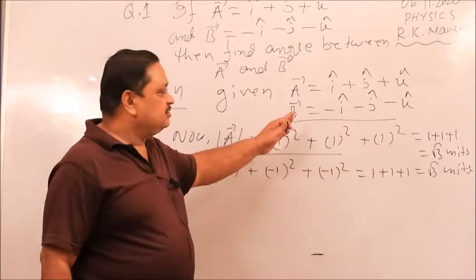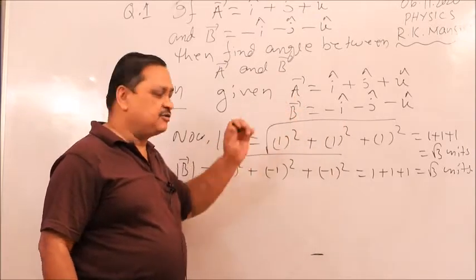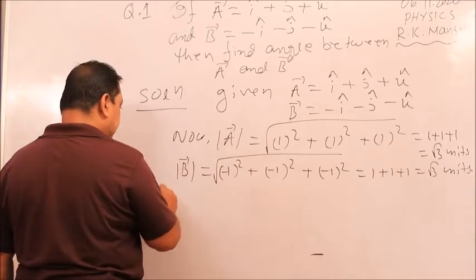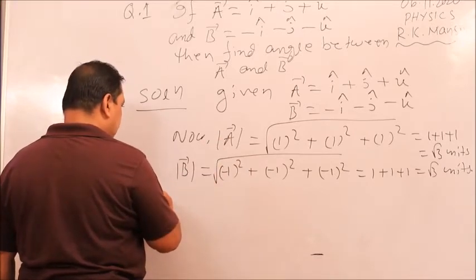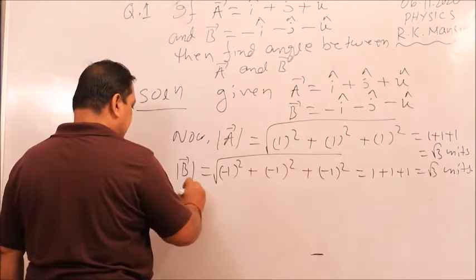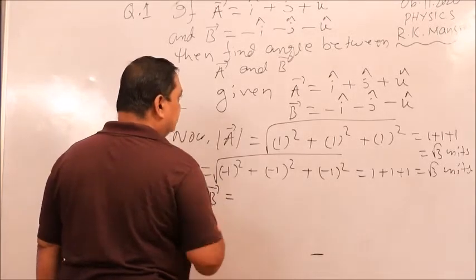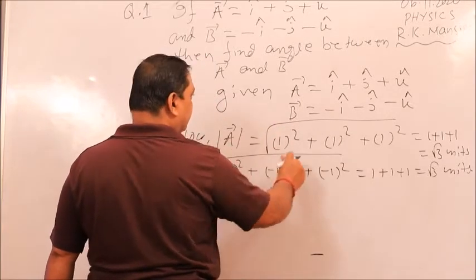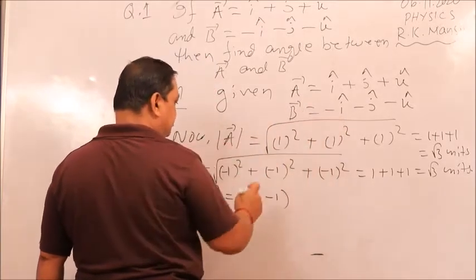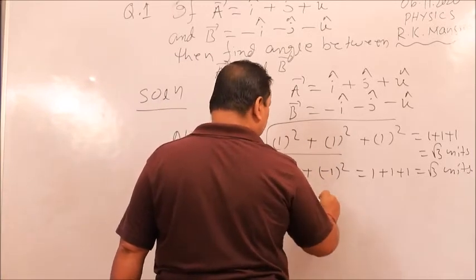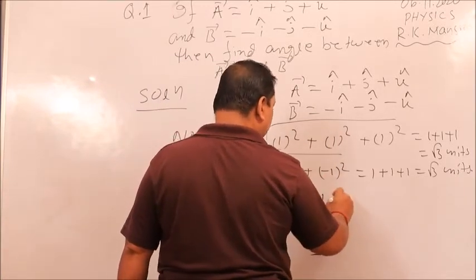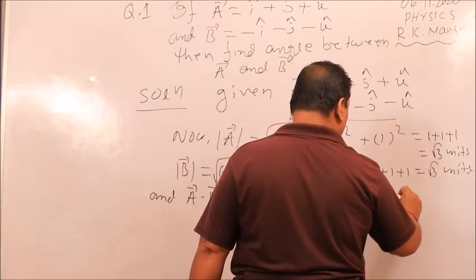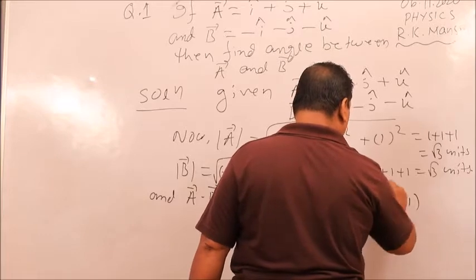Now we have to find the dot product between vector A and vector B, and the formula was already discussed in the last class. For A dot B, the coefficient of i cap for vector A is 1 and for vector B is minus 1. Similarly for j cap, vector A has 1 and vector B has minus 1, and for k cap, vector A has 1 and vector B has minus 1.